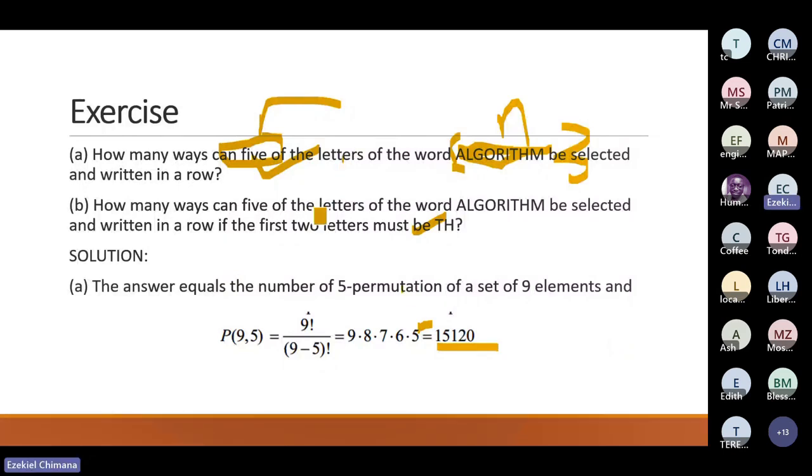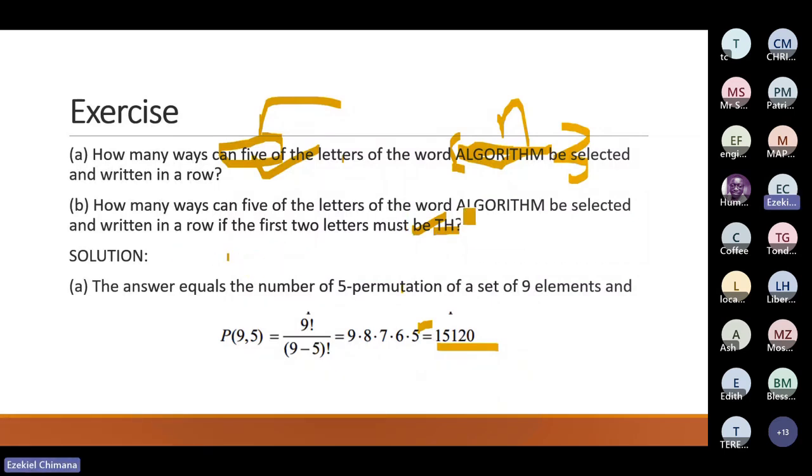What about this one, which says how many ways can 5 of the letters in the word algorithm be selected and stay in a row if the first 2 letters must be th? Remember, here you are given the first 2 letters.